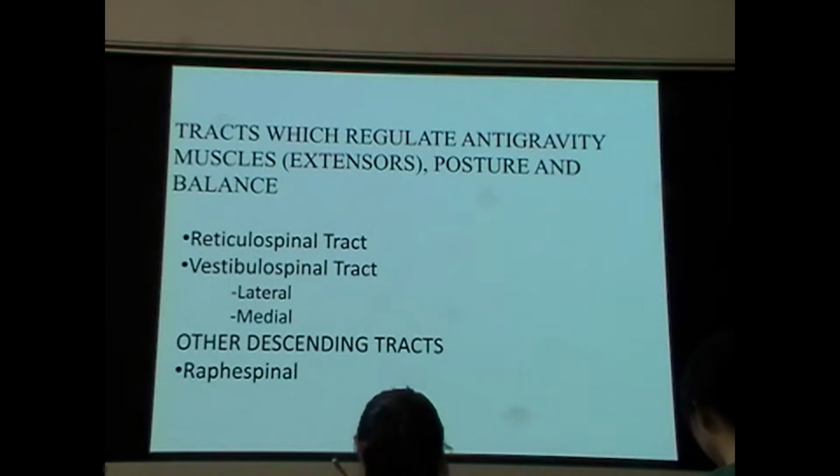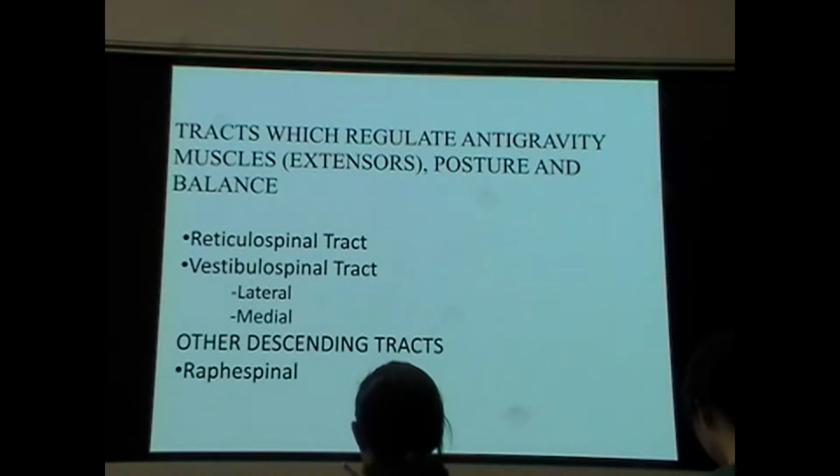Okay, so reticulospinal tract. Now remember, the reticulospinal system inputs to a group of nuclei that are anywhere from the medulla up to the top of the pons. And this is called the reticular formation. The reticular formation has a role in receiving literally all sensations.